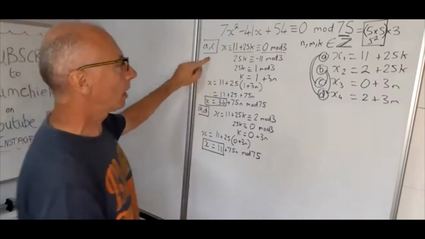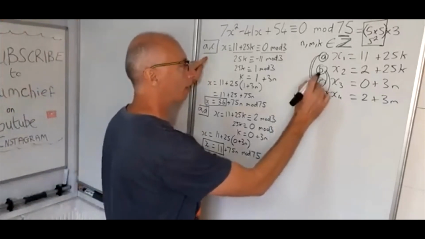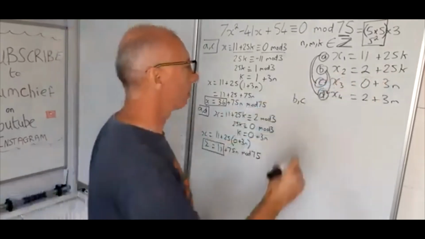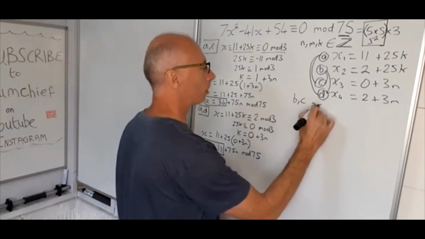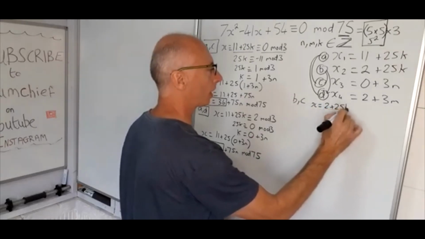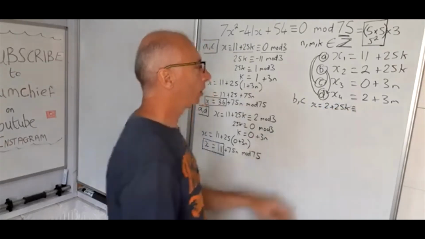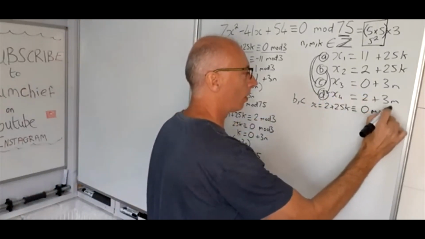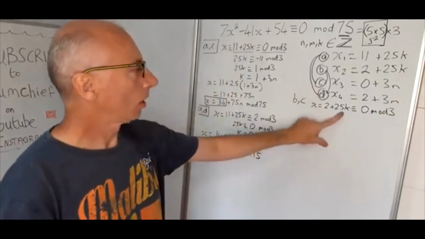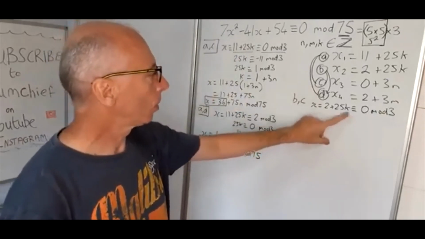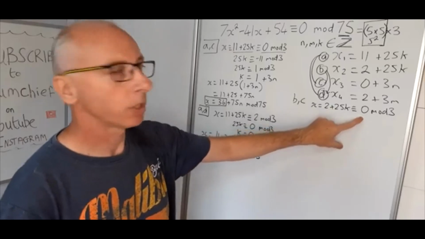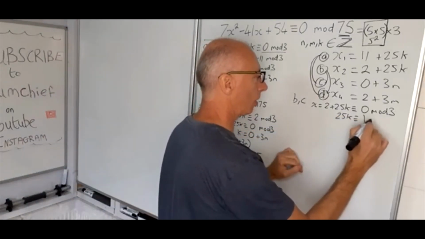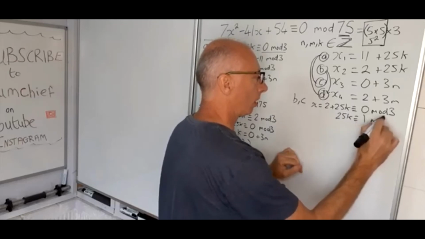Okay, now going through the B's. So B and C. B is now 2 plus 25k. So we've got x equals 2 plus 25k is congruent with 0 plus 3n, so 0 mod 3. So 25k now is congruent to minus 2, if we bring that over the other side, which then gives us 1. So 25k is congruent to 1 mod 3.